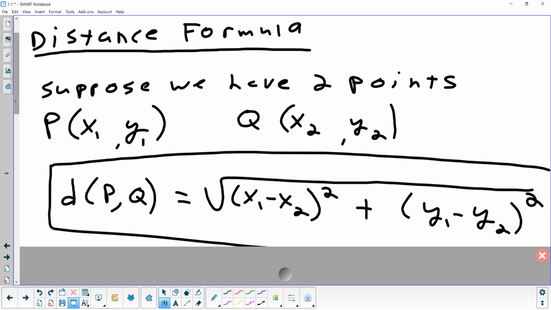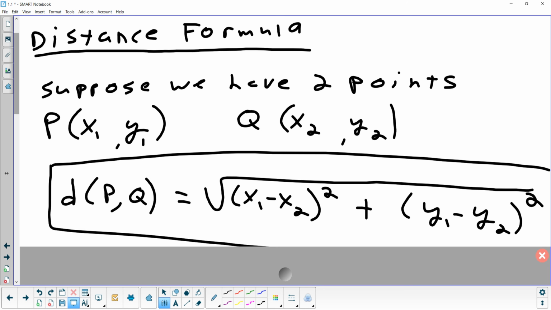So that is what we call the distance formula. And it is based on the Pythagorean theorem. It is the Pythagorean theorem. You square something, you add them up, and you take the square root. That's exactly what the Pythagorean theorem is.